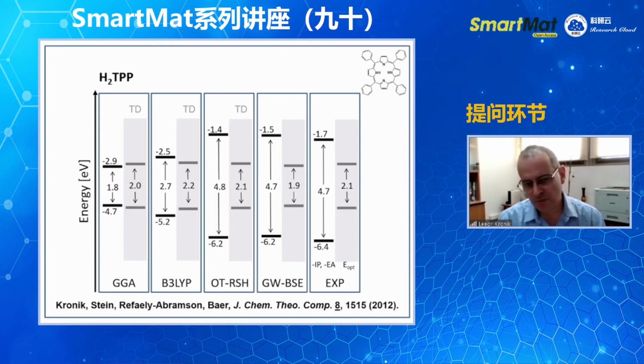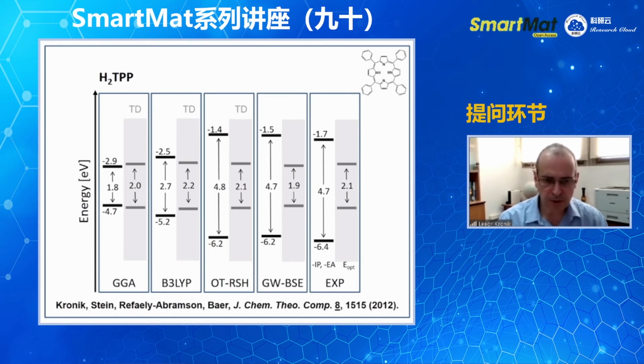First question is, is it restricted to a specific type of range-separated hybrid, or can it be used with any range-separated hybrid? So the answer is any range-separated hybrid that is asymptotically correct will do. Over the years, for various reasons, we have combined it with BNL, with LC-omega-PBE, with omega-B97X. It works equally well with all of them.